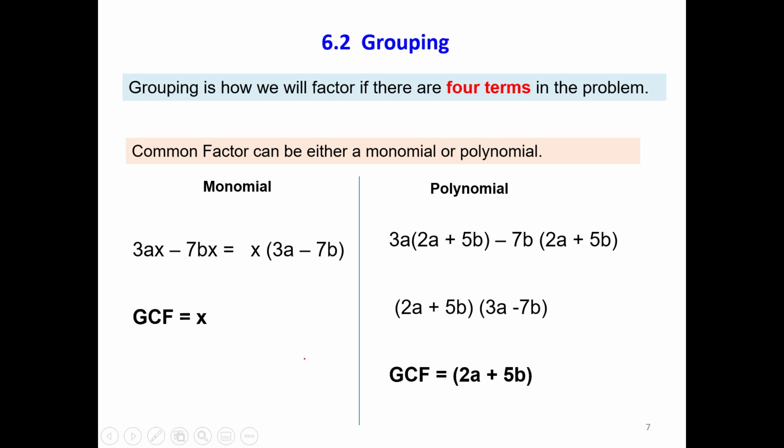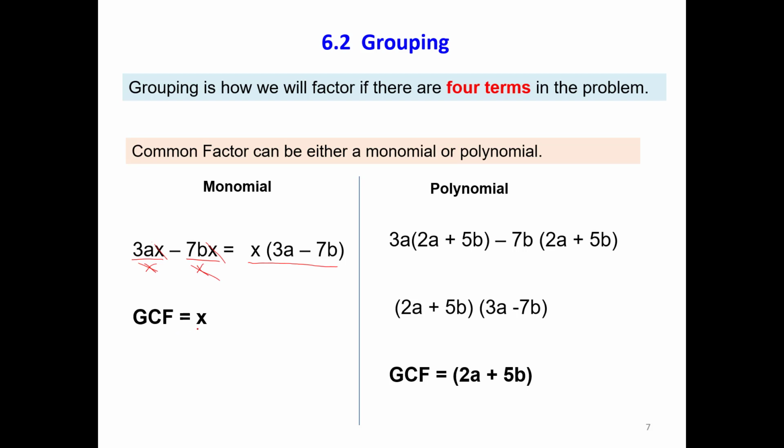If you still need to divide, just go ahead and divide by x, and you will see this cancel out, and you have 3a minus 7b. And this is how we can factor out, and the greatest common factor is just a monomial.